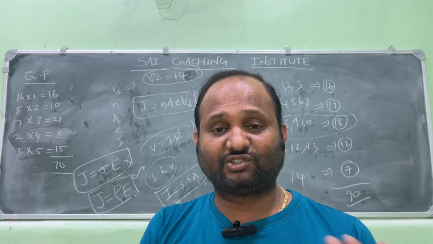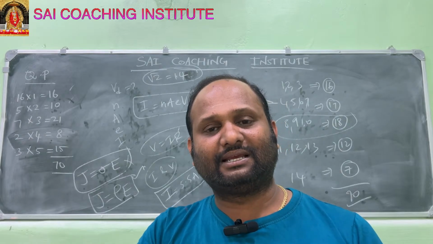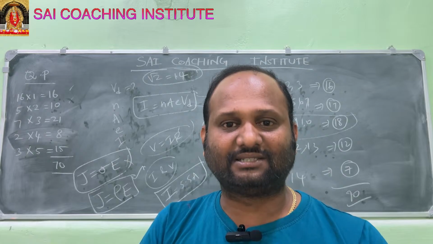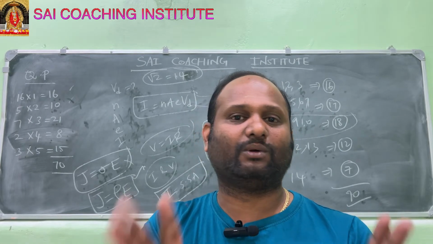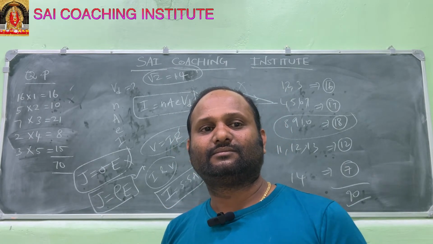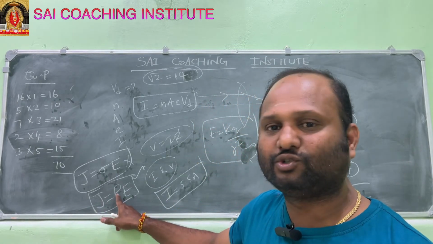But as a student, if you put 1.414 and get the answer, there will be error from the answer key. So there may be a chance of losing half or 1 mark. Then your score will be 69 out of 70. These are the chances for toppers. Be aware of that.